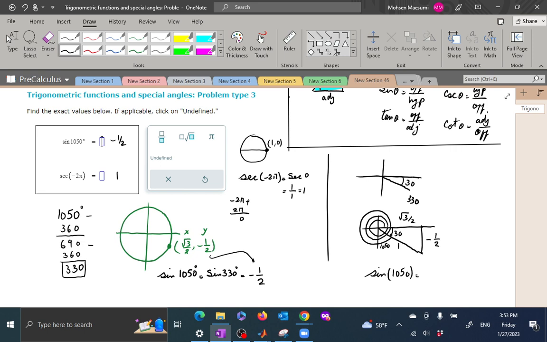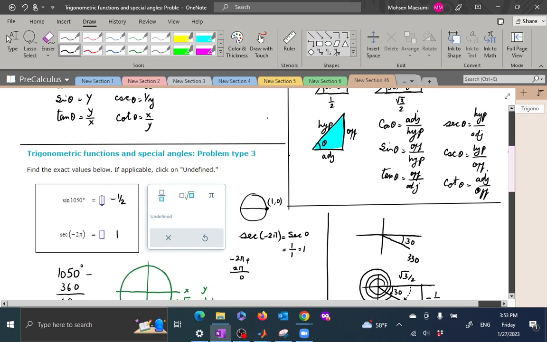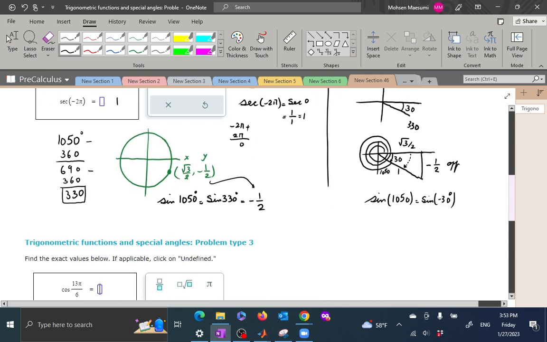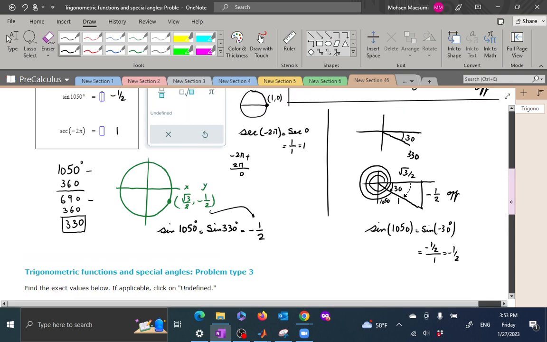This is same as sine of minus 30 degrees, because now I have to go 30 in this direction to catch the same terminal side. Now what is the sine of that? Same definition as basic. Opposite over hypotenuse. This is my opposite. Hypotenuse is always 1 in this formulation, so it becomes minus 1/2 over 1, which is my minus 1/2.